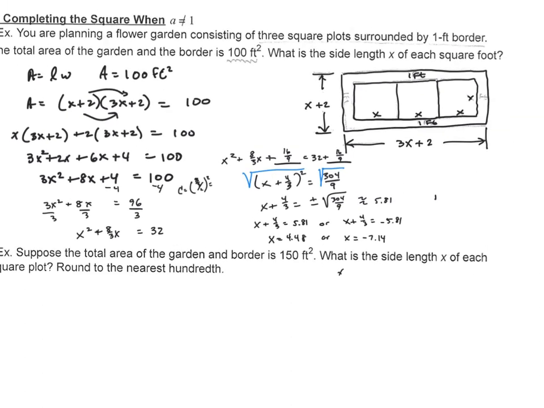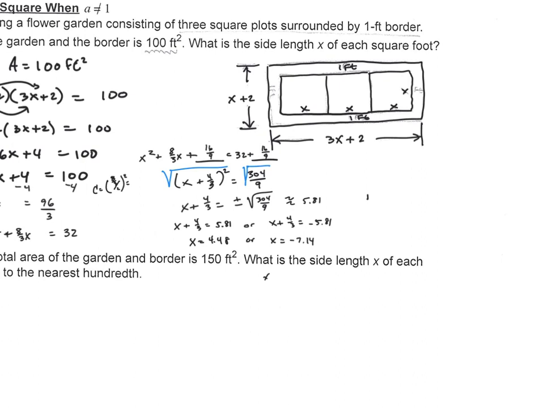The negative answer is not going to work for us because we can't have a negative length or distance, so it turns out that x is going to be equal to 4.48 feet, and that is what x for each one of our square plots is going to be.